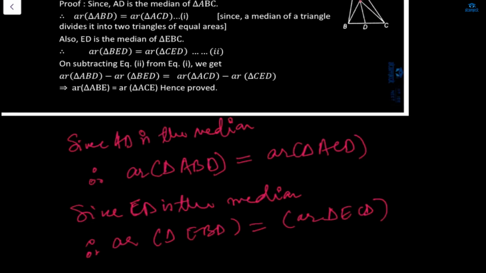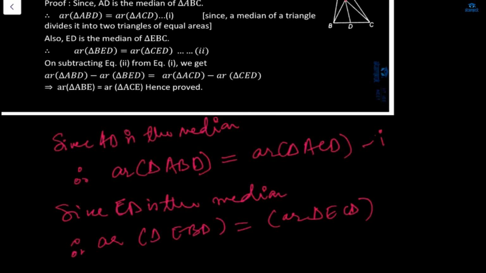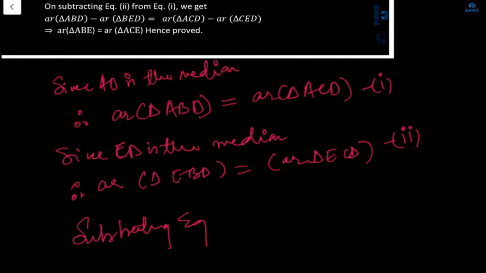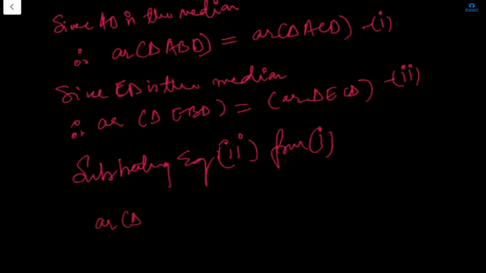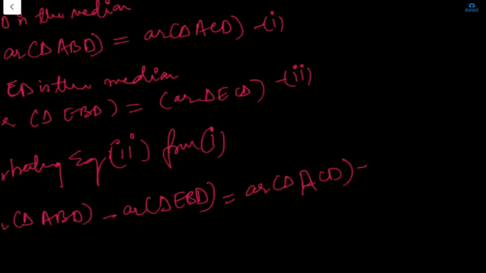Okay, now you can take this as equation 1, and this as equation 2. Now subtract equation 2 from equation 1. Area of triangle ABD minus area of triangle EBD on the left side, and area of triangle ACD minus area of triangle ECD on the right side.